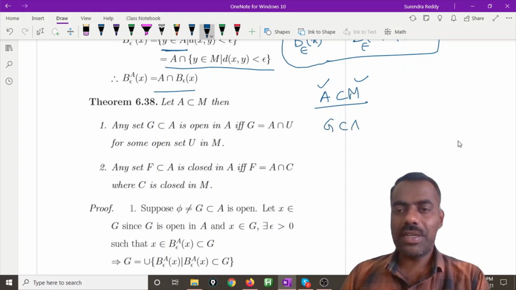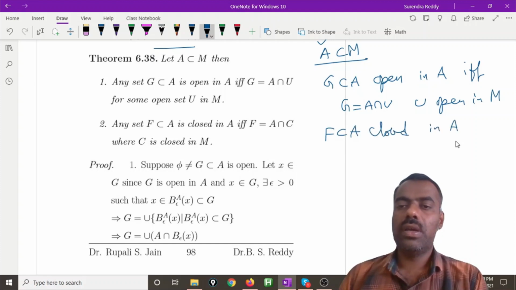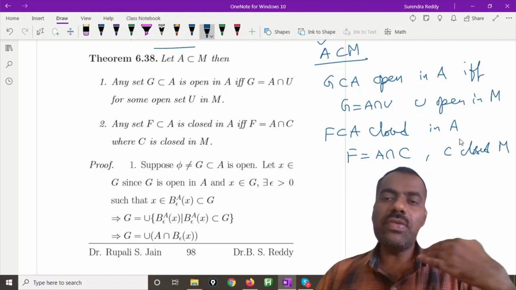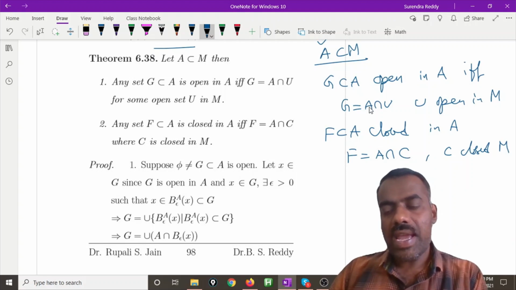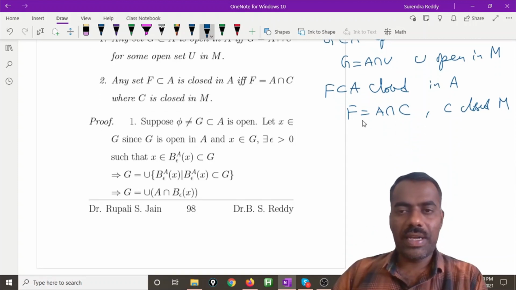Therefore, G subset of A is open in A if and only if we can write G as A intersection U, where U is open in M. Similarly, F subset of A is closed in A if and only if F can be written as A intersection C, where C is closed in M. So any open set in A can be written as A intersected with some open set in M. This proof is not at all difficult.